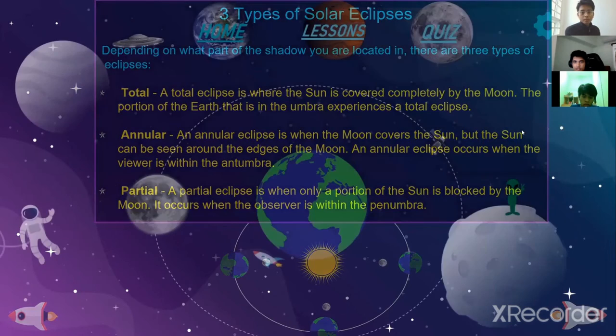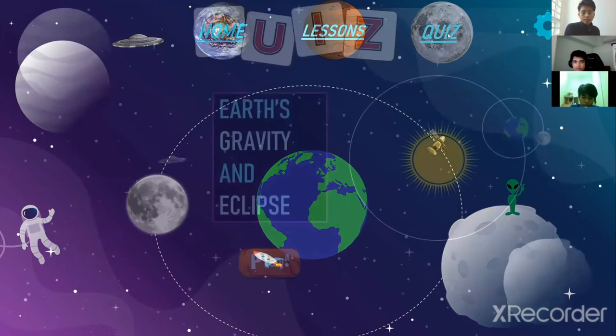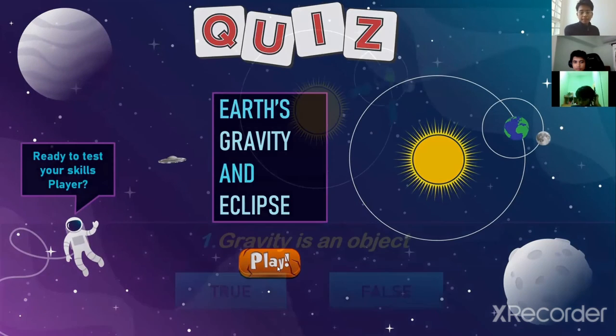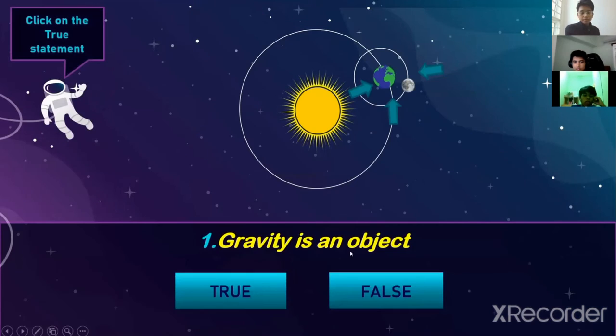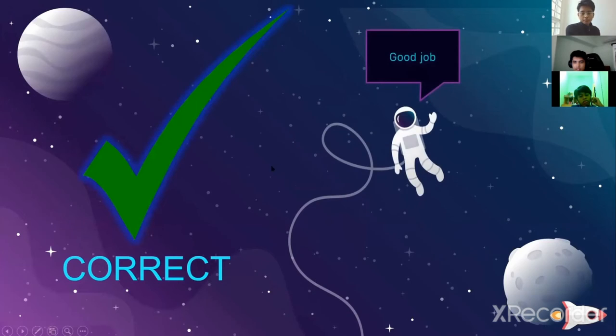And now is the quiz. So this is the quiz. Play. The first question is about gravity. There's an astronaut here giving guidance. Let me answer correctly.